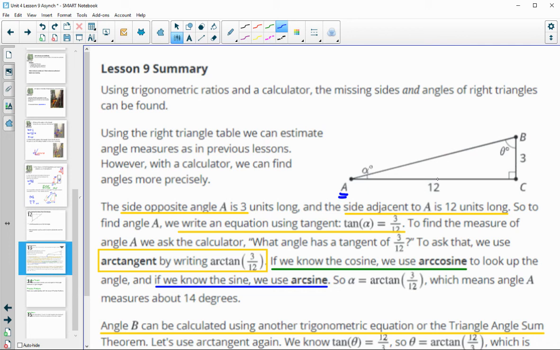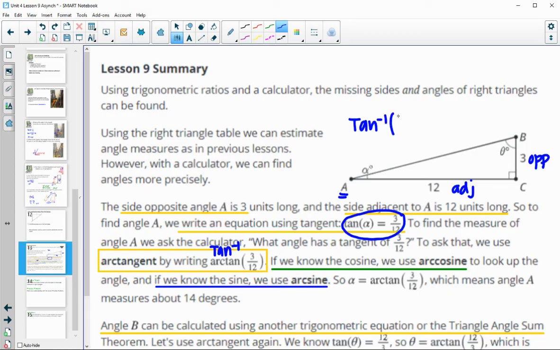The adjacent is 12. That would be a tangent function. So they set up tangent of A equals 3 over 12 and then did arctan or tan^-1 in their calculator.